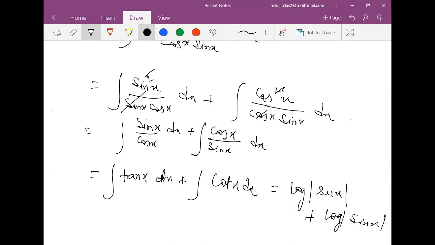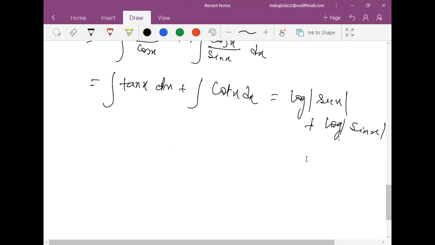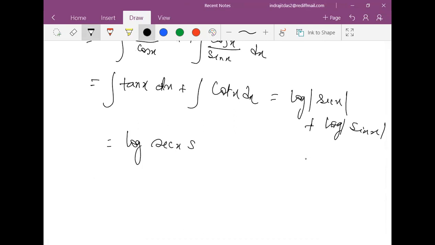Now we can proceed further, because if you add logs, then what happens? That addition becomes a product. If you want, you can write more steps, meaning you can write log sec x into sin x, plus c.